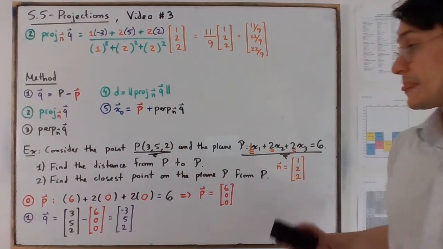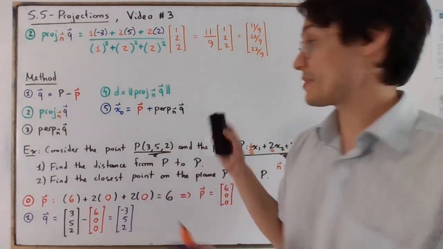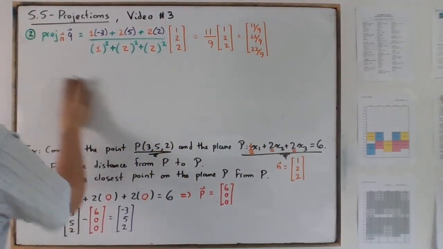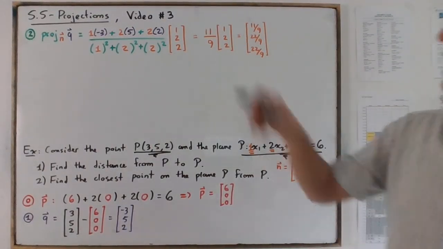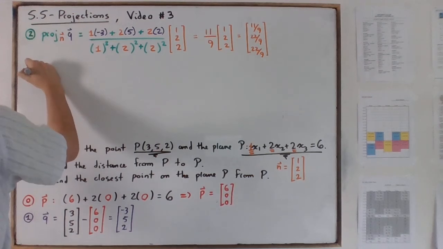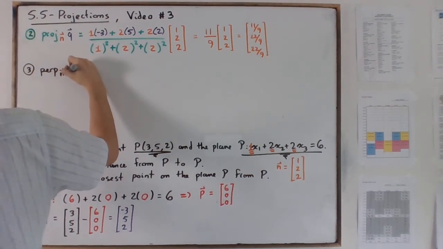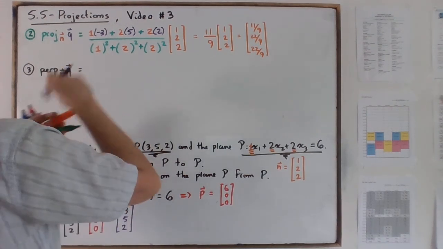Now, number 3, we calculate the perp. So now I need to erase the method, unfortunately, but we're basically just following it. Now that we have the projection, we can calculate the perp. So perp N of Q is going to be the vector Q minus the projection.